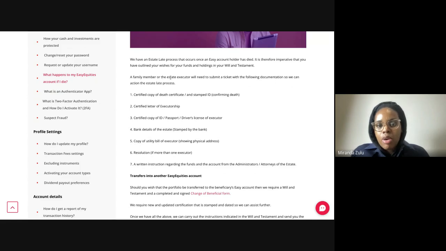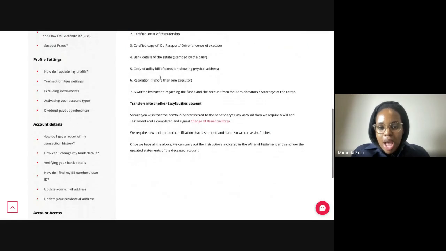So a family member or your estate executor would then submit on your behalf some of the documents that they need. And if you wish the portfolio to be transferred to a beneficiary, you will require a will, and you would need to sign a beneficiary form. So there it is.